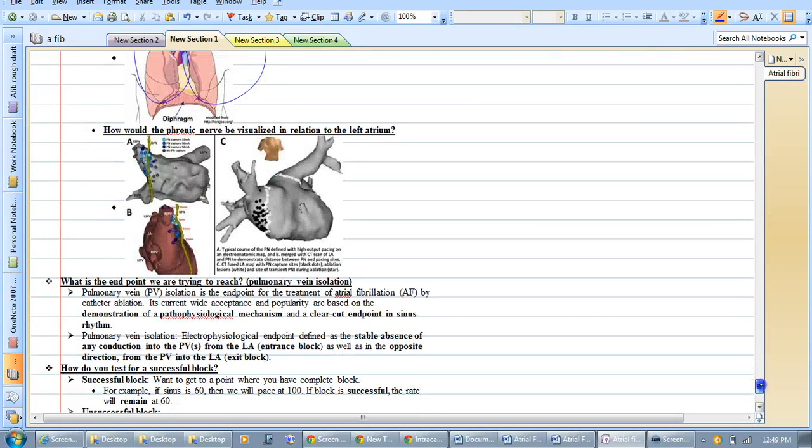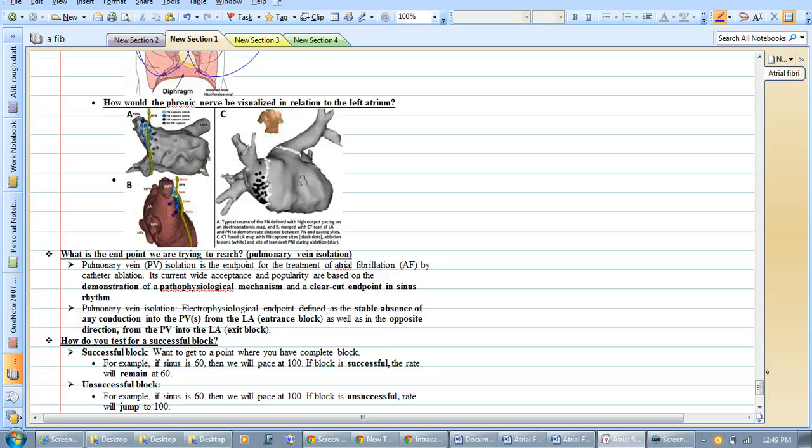And right here, what you'll see happen in the lab is when they're working on the patient, they're trying to appreciate how the phrenic nerve might be running in correlation to the left atrium. And that is a region we do not want to touch. So something to keep an eye out for when you're in the lab.